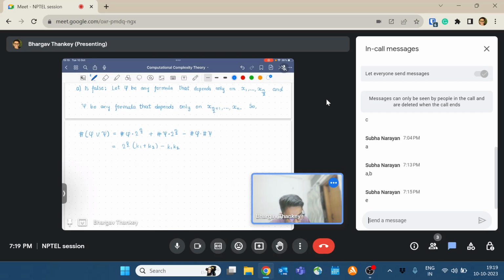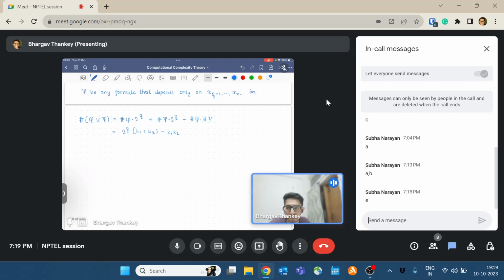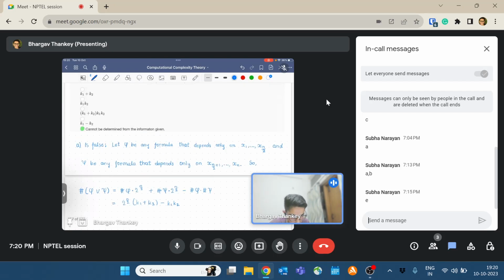So all we now need to do is to come up with real values of k1 and k2 such that this number is not equal to k1 plus k2, right?